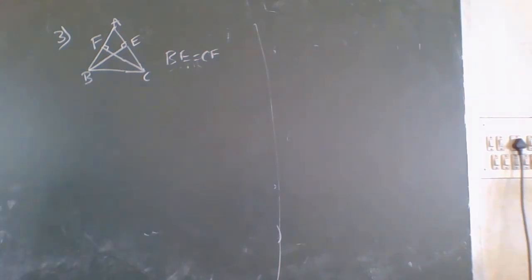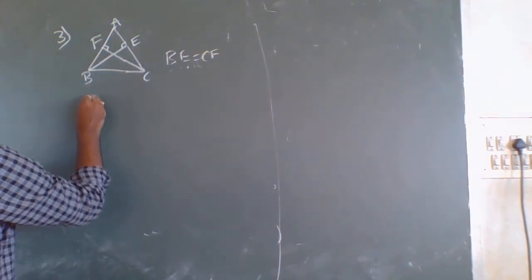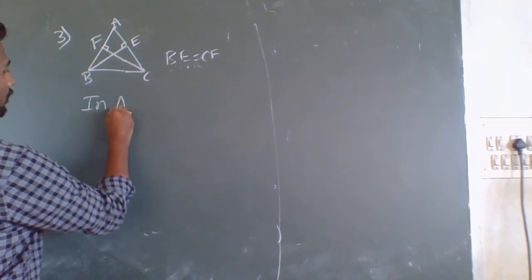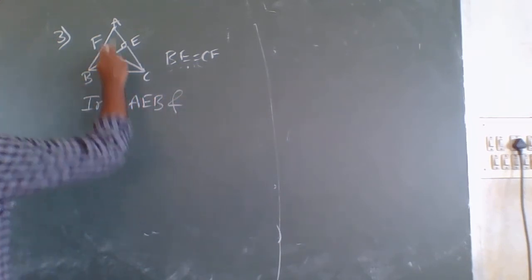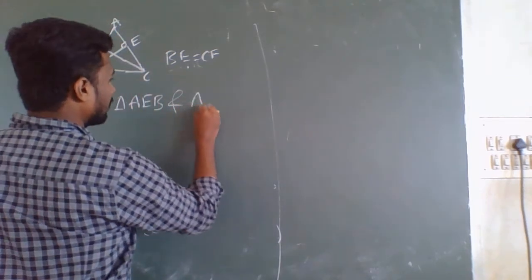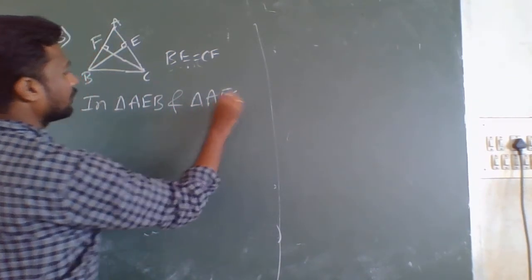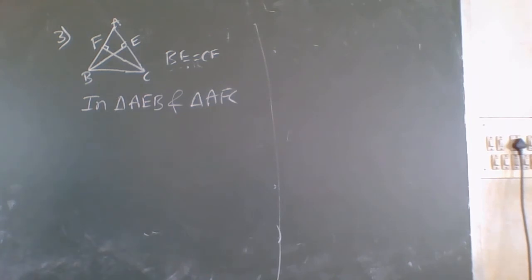To prove that, in triangle AEB and triangle AFC, what can we write here? Angle AEB and angle AFC, these two angles are 90 degrees.